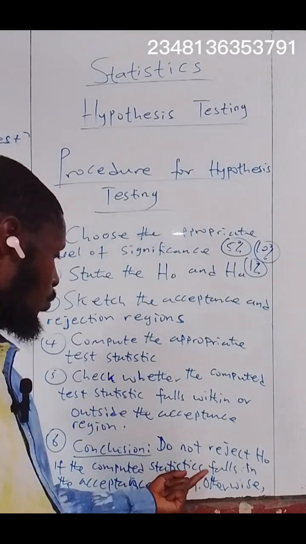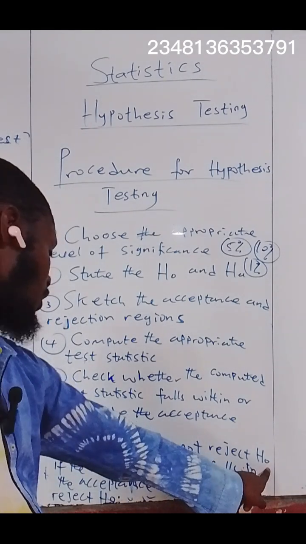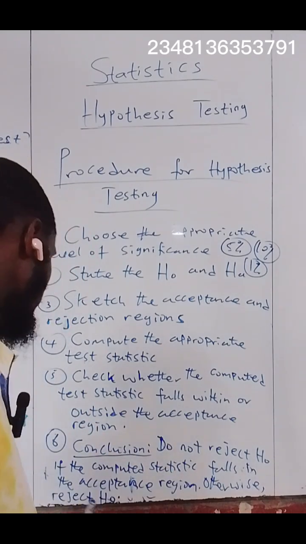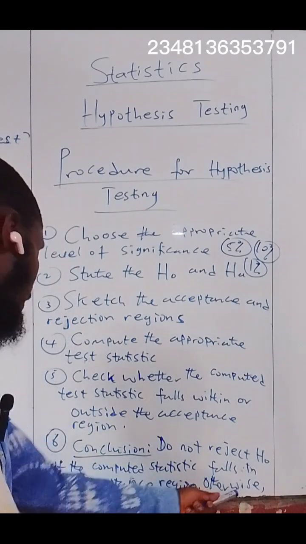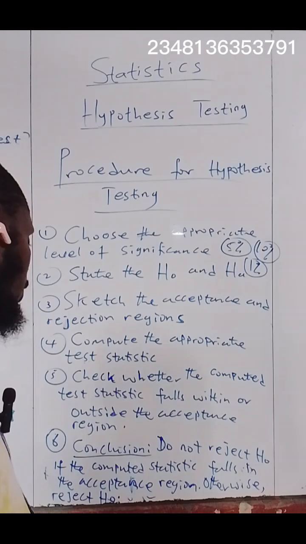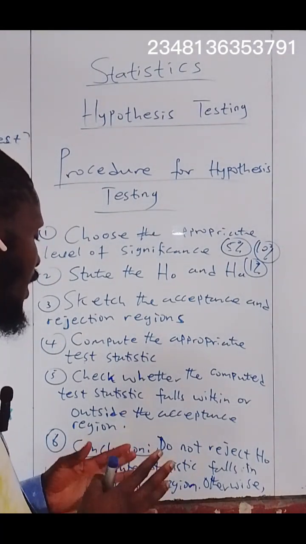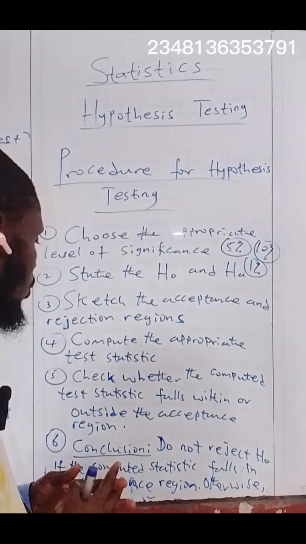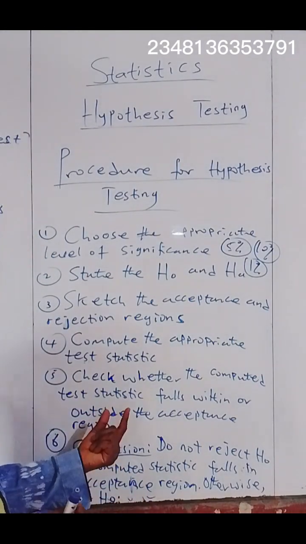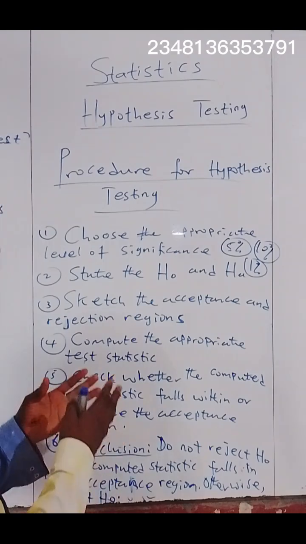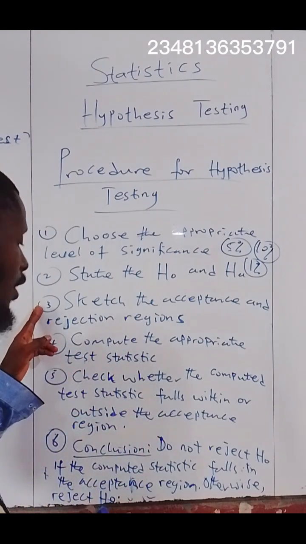So, do not reject the null hypothesis if the computed statistic falls in the acceptance region. Otherwise, reject the null hypothesis. What this is saying is that we will not reject the null hypothesis as long as the computed test statistic falls within the acceptance region we sketched in step 3.